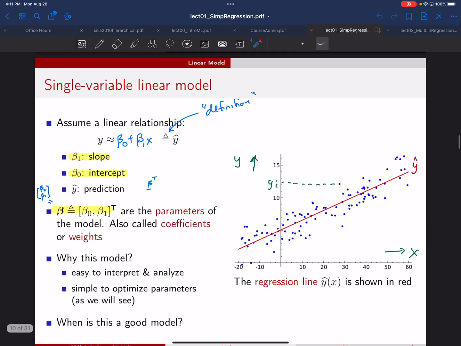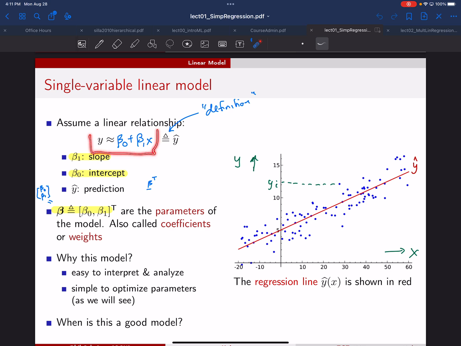And we're starting out simple, and we're using a linear relationship to describe our approximation of how x relates to y. So on one hand, we have this left side where there's an approximate equal to that says the true y is approximately equal to a constant beta 0 plus a scaling term beta 1 times x, or you can think of them as a slope and an intercept term.